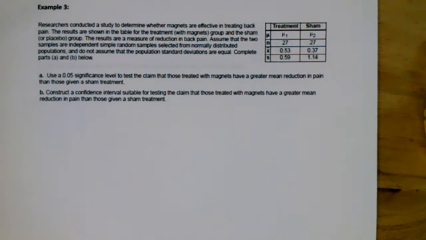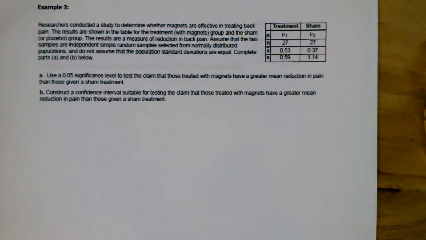The results are a measure of reduction in back pain. Assume that the two samples are independent, simple, random samples selected from normally distributed populations, and do not assume that the population standard deviations are equal. Complete parts A and B below.